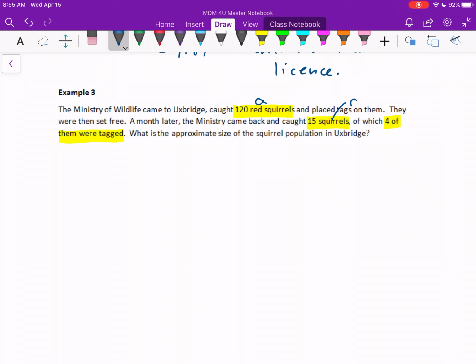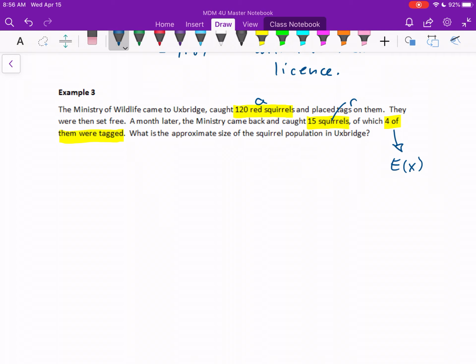So in the absence of other information, basically we're assuming that we're catching the number of tagged squirrels that we would expect. So we would use this as the expected value, and we're going to use the expected value formula in this case.